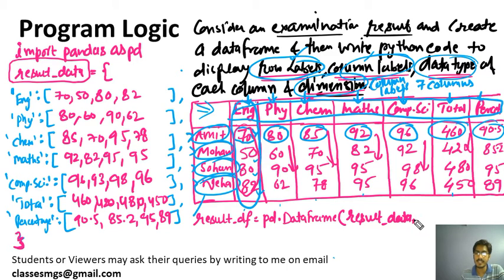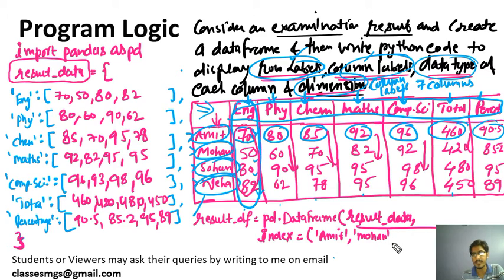Then you need to pass the index. Columns will become the keys of the dictionary, but what about the index? Index you need to pass manually in this method. So how to pass? Index equals to, continuing on this line only. We will pass Amit, then Mohan, Sohan, then Neha.